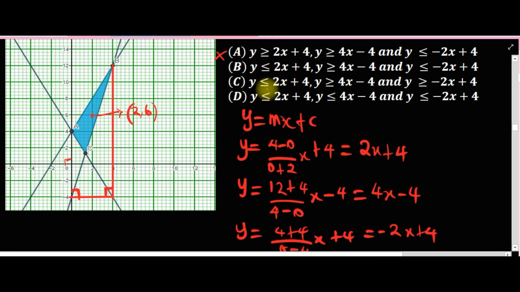So we try again. They're all less than, so as a mathematician, no need of testing the opposite. Let's test with this one. When x is 2, 4 times 2 is 8, 8 minus 4 is 4, and 6 is greater than 4.